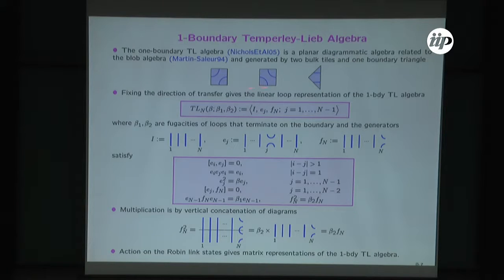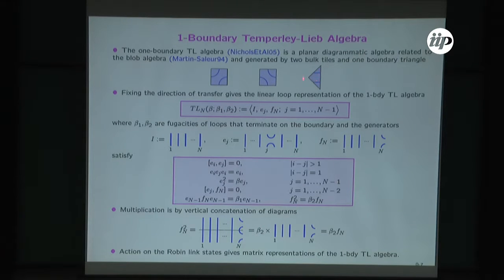And again, this is a diagrammatic algebra, and to the bulk plaquettes or faces, we add one additional generator on the boundary, denoted by a triangle this way, and this generates for us a diagrammatic algebra. So it's the Temperley-Lieb algebra, and now we have various parameters that enter. There's the closed loop fugacity in the bulk, and then there are two kinds of boundary loops that can close on the boundary.